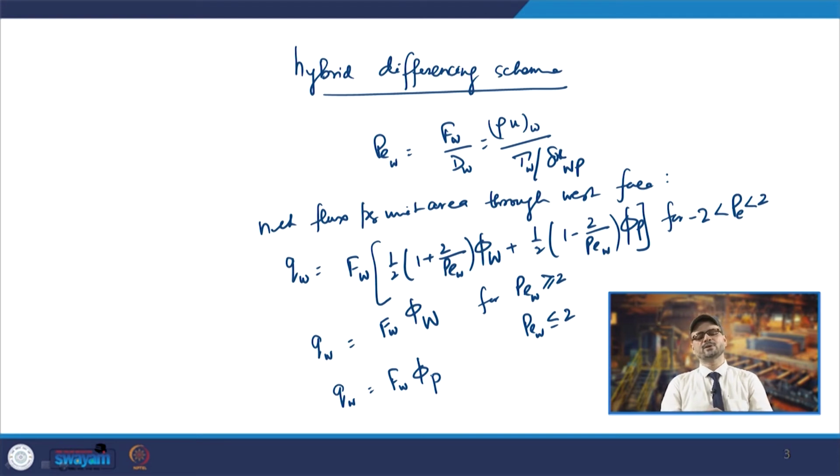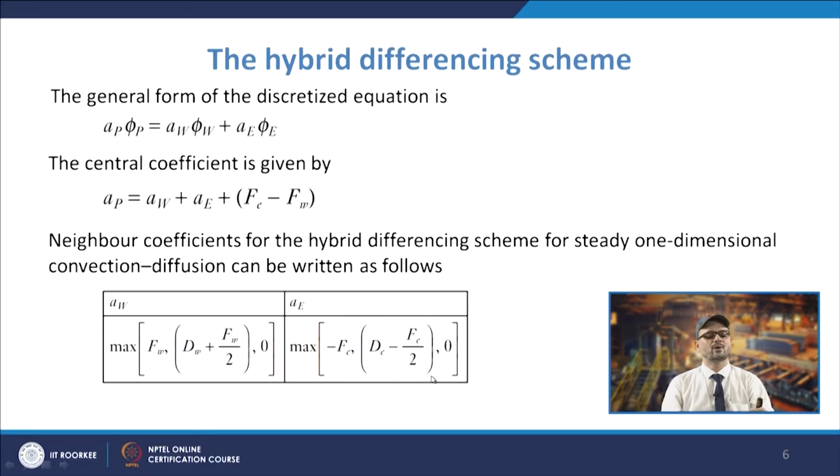Now, we can have these values put into the discretized equation, and then we get the formula. So, what we get is the central coefficient: A p phi p will be A w phi w plus A e phi e if we write.